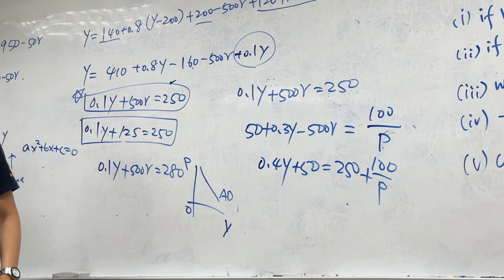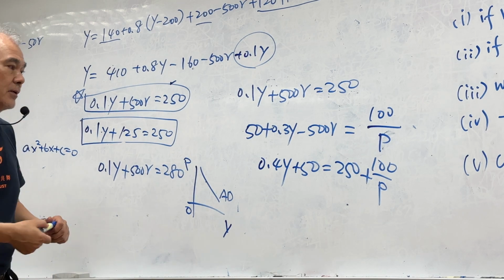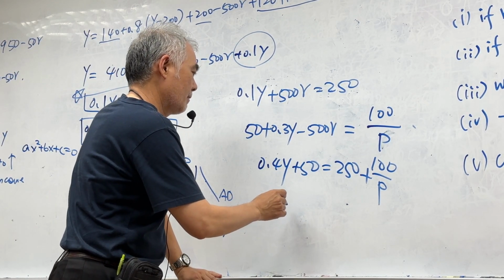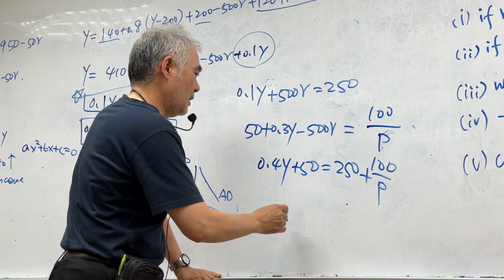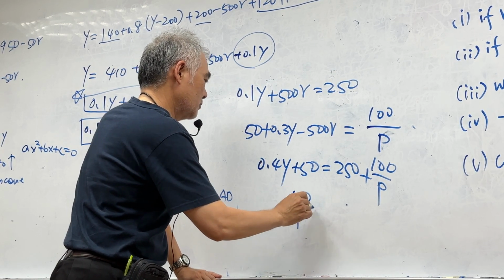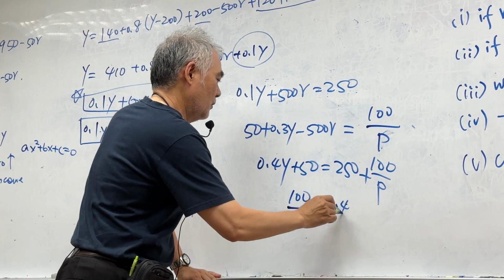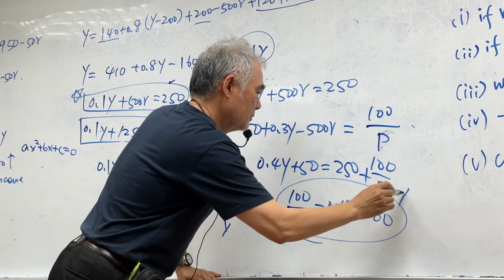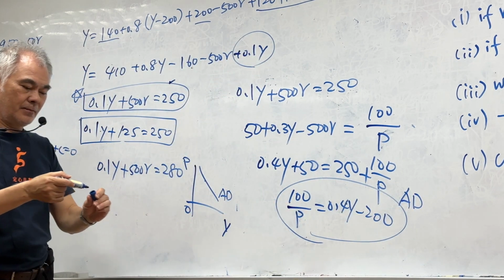Simplifying a little, we can say 100 over P is equal to 0.4y minus 200. This is the aggregate demand curve.